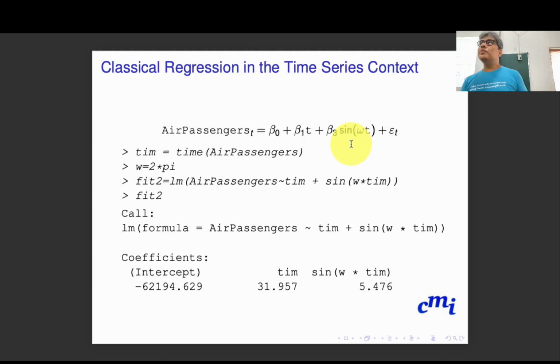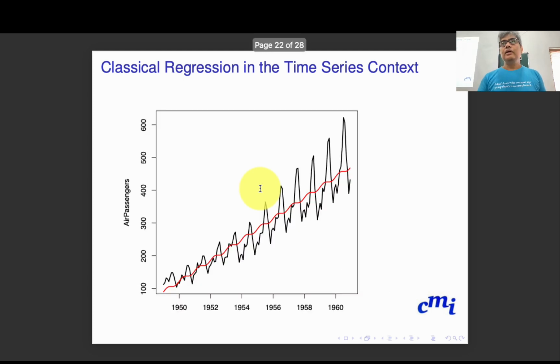Then obviously you want one more engineered feature, a Fourier feature, which is sine omega t. Omega we have taken as 2 pi, and if you fit that, it starts picking up some seasonality.